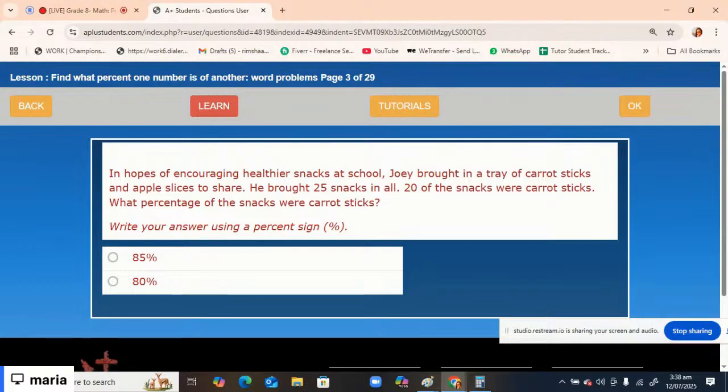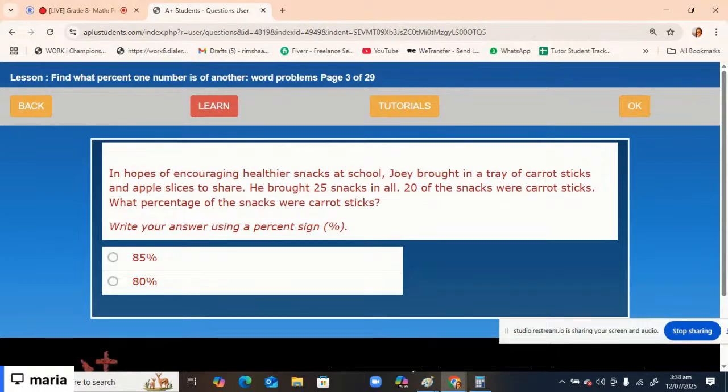In hopes of encouraging healthier snacks at school, Joey brought in a tray of carrot sticks and apple slices to share. He bought 25 snacks in all. 20 of the snacks were carrot sticks.